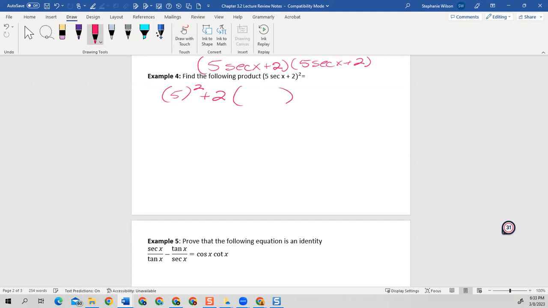And what is the middle? The middle is the first, and I left secant off here, guys. Sorry about that. And then we're going to double the middle. What's the middle? The middle is going to be 5 secant times that 2.